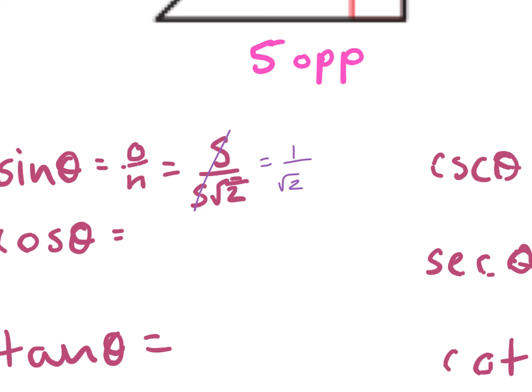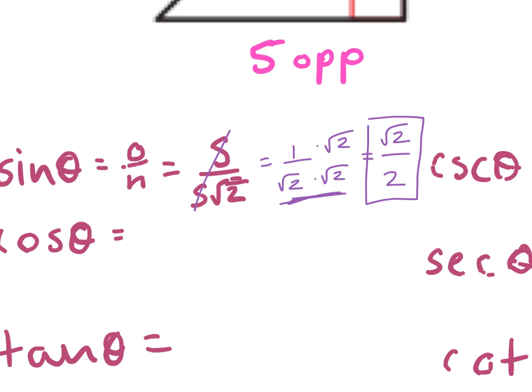So we want to rationalize it by multiplying the top and the bottom by square root 2. Because what's square root 2 times square root 2? Perfect. So we get 2 on the bottom, and then 1 times square root 2 would just be square root 2. So this is our answer.